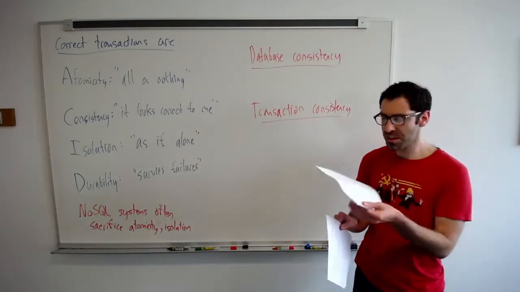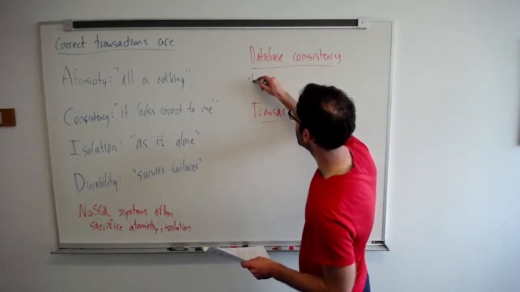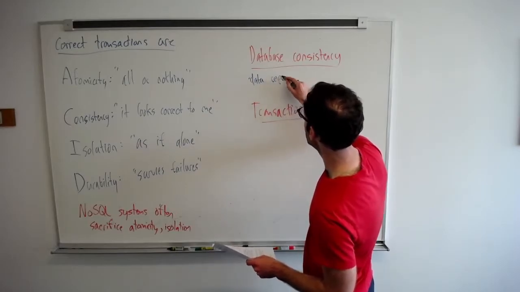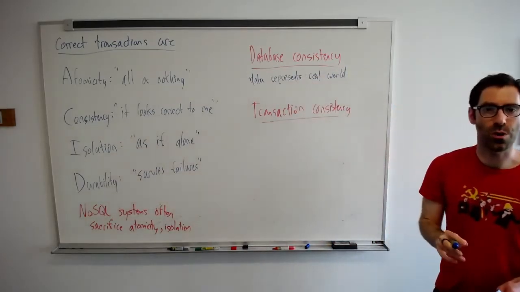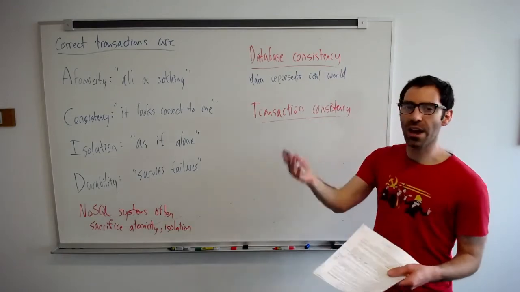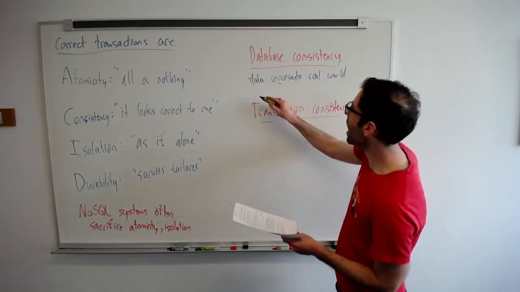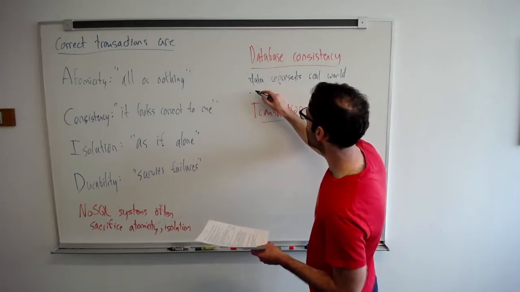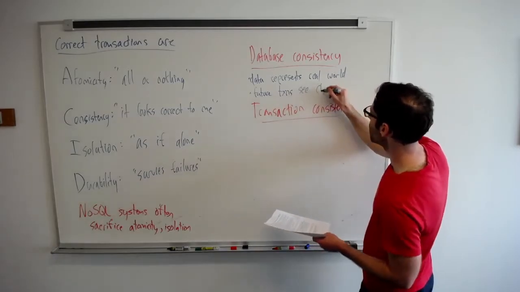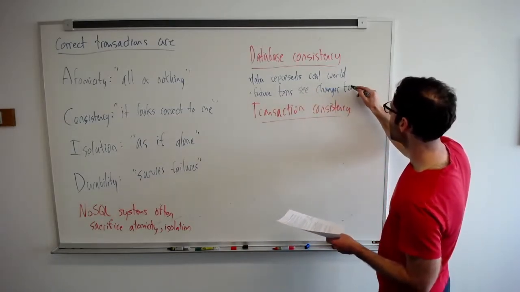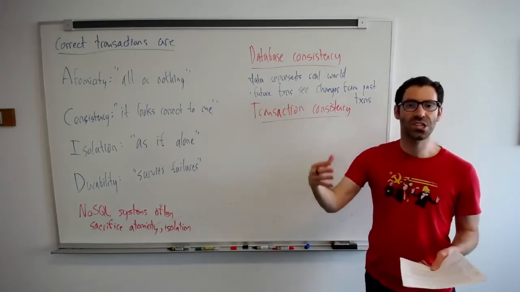Database consistency is things like, as I was saying, our data represents the real world, so ages can't be negative, and we have some constraint within the database that checks and enforces this, and that future transactions see the changes from past committed transactions.